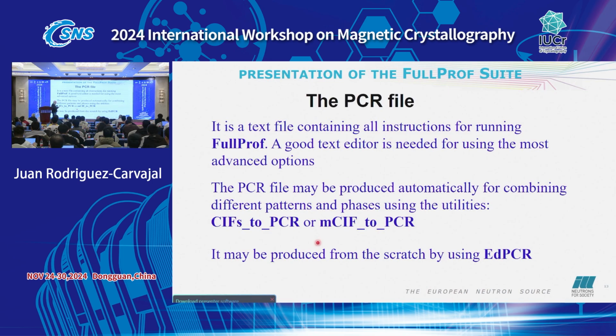But in FullProf, we have an input file in which you have all the information you provide to the program in order to do some tasks. And this is called the PCR file. It's a text file containing all instructions for running FullProf. A good text editor is needed for using the most advanced options.